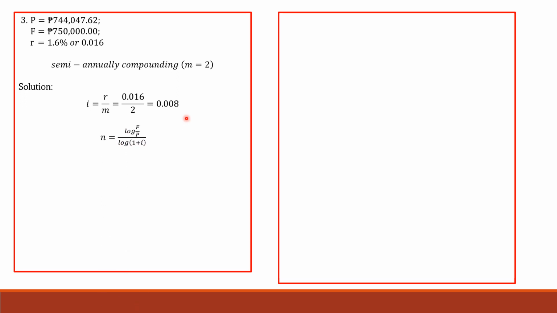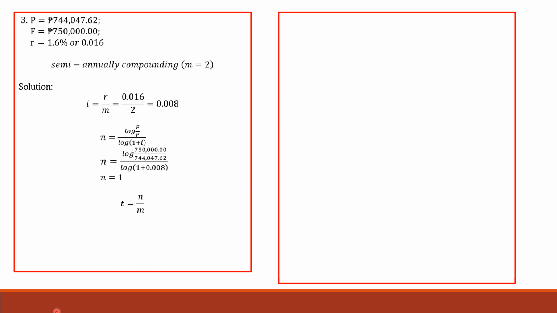Next, using this formula, logarithm of final amount divided by the principal amount all over the logarithm of 1 plus I, we have, ang atin pong final amount is 750,000 pesos, and then the present amount is 744,047.62. Ito po yan lahat. Logarithm of 1 plus, ito po yung 0.008. So, ang n natin is equal to 1. Okay?